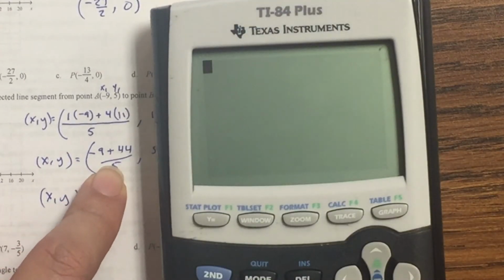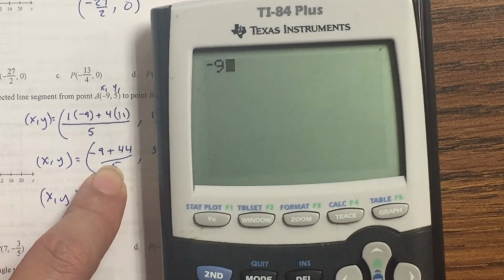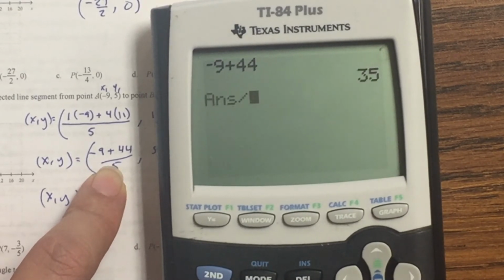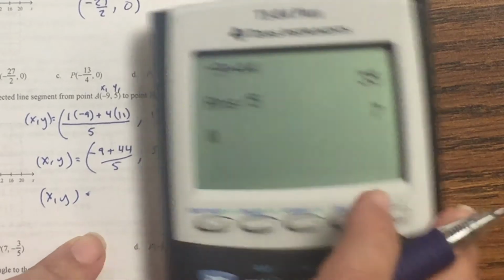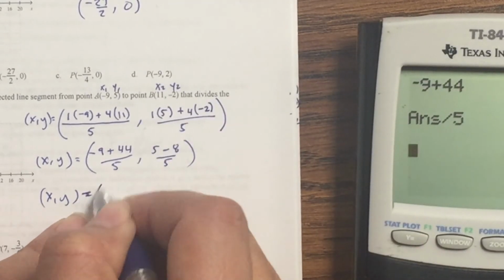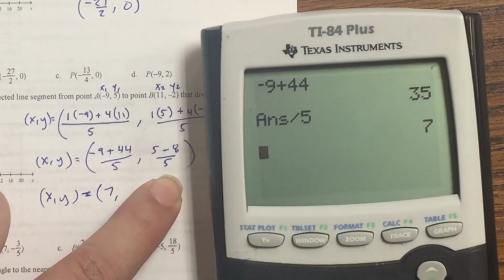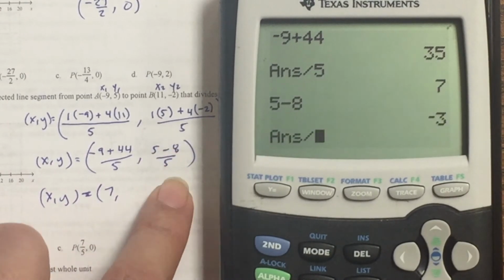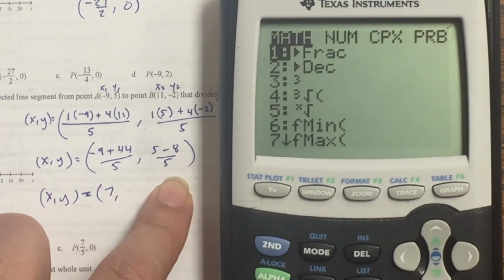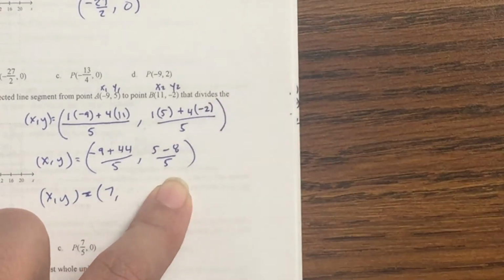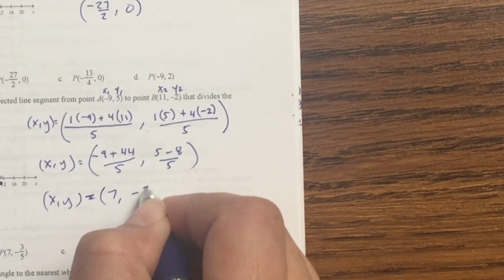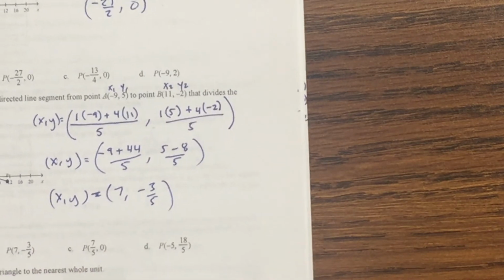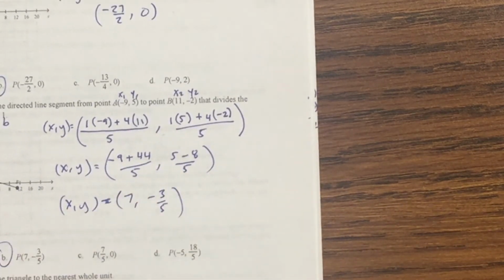So -9 plus 44, divided by 5, is 7. And then 5 minus 8, divided by 5, math, enter, is -3/5. So that's going to be B.